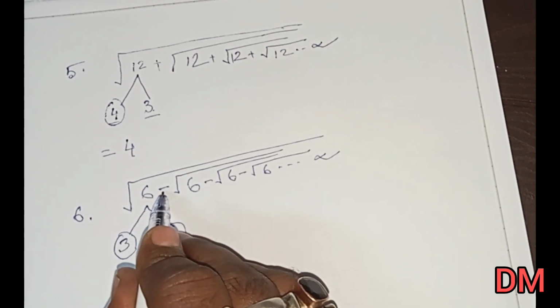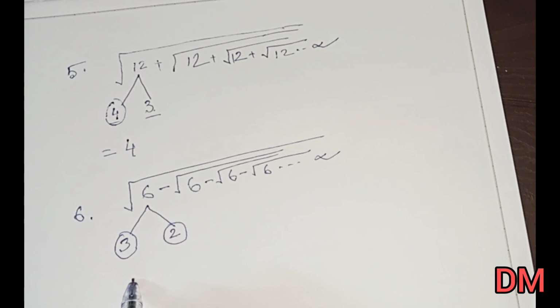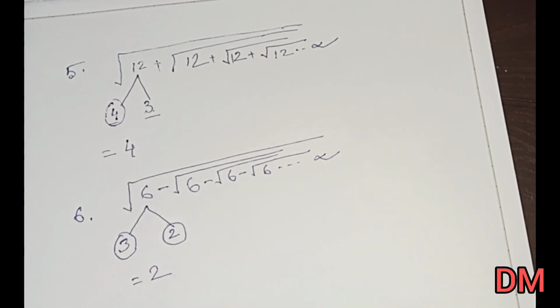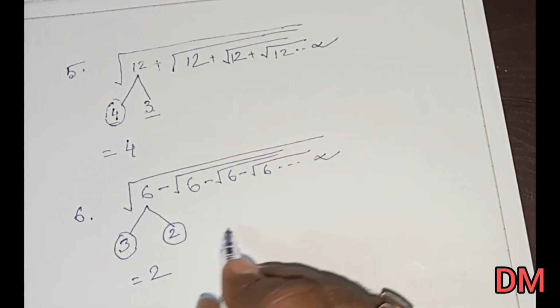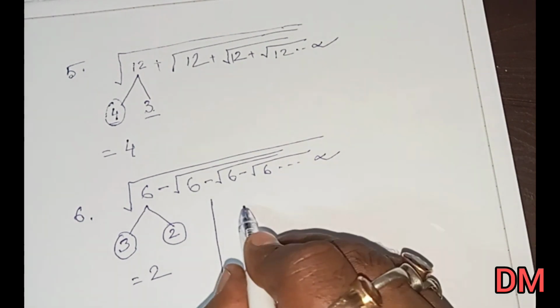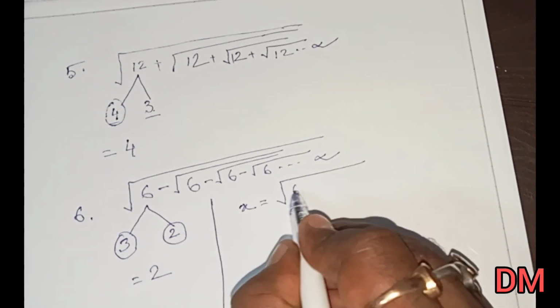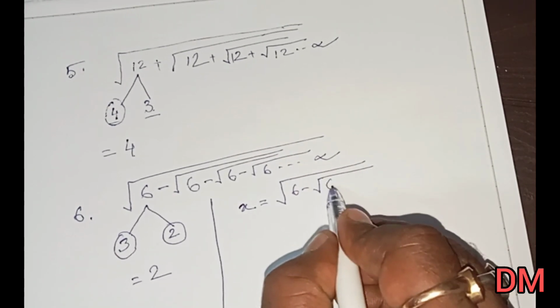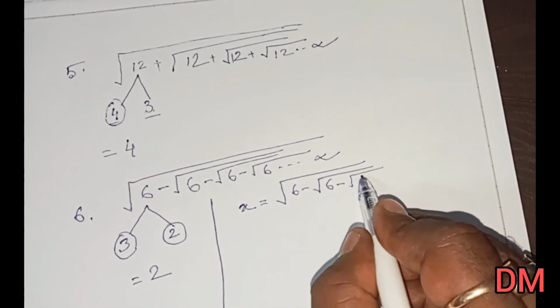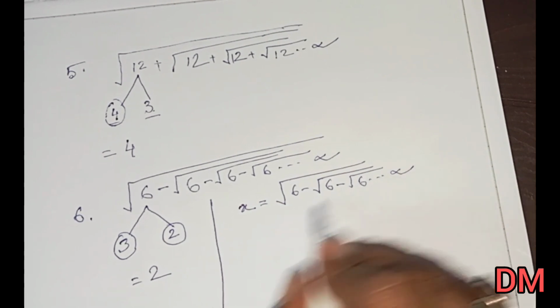Now as the minus sign is here, the answer will be 2. Why so? Do it stepwise: x equals 6 minus root of 6 minus root over 6 up to infinity.